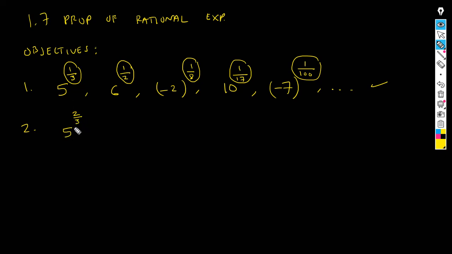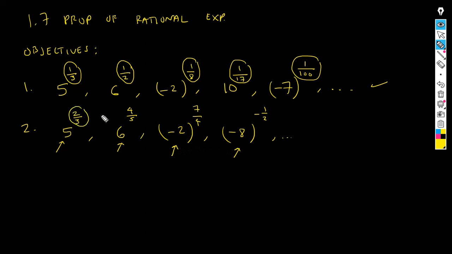For example, 5 to the 2/3, or 6 to the 4/5, or -2 to the 7/4, or -8 to the -1/2, etc. Okay, so this is the most general case in which we are raising numbers 5, 6, -2, -8, etc. to any possible fraction that we can create. By the end of this lesson, you will understand these two things. Okay, so let's go ahead.